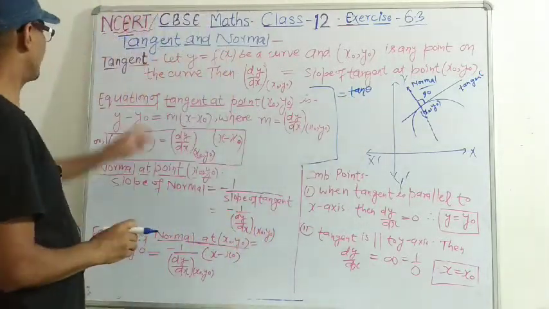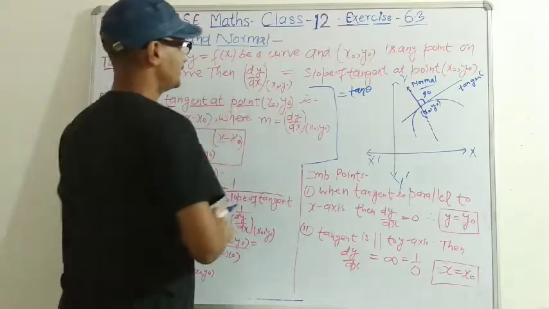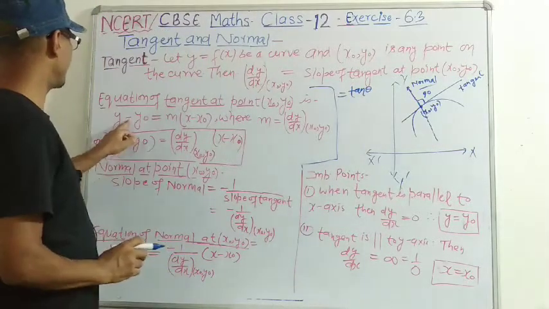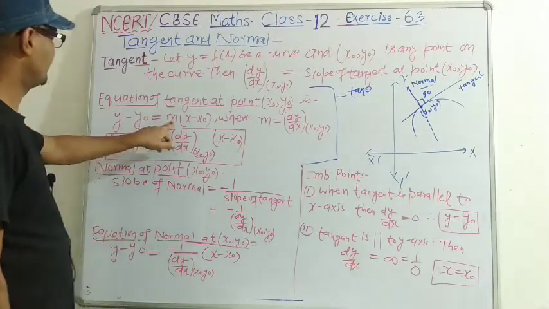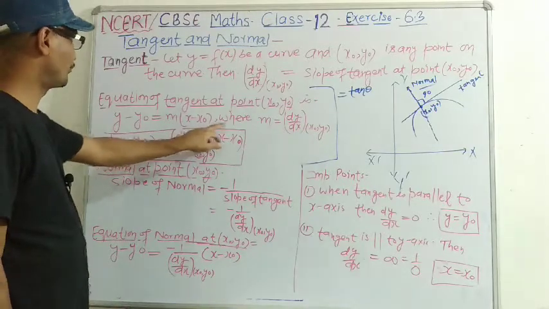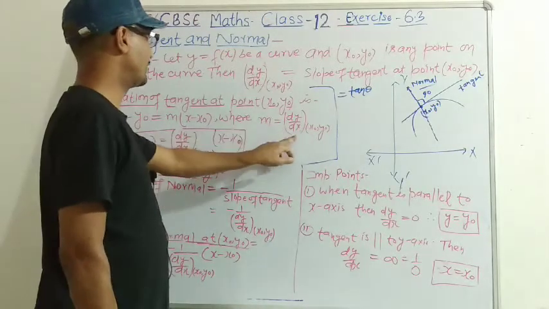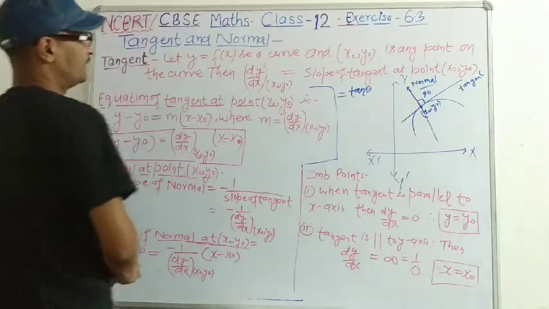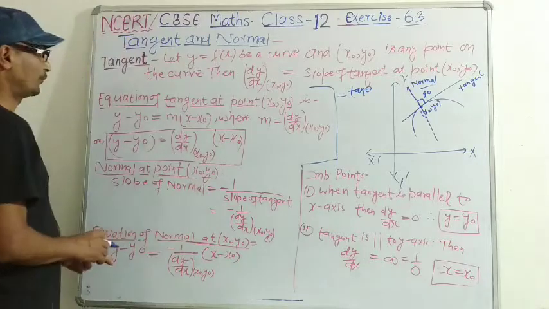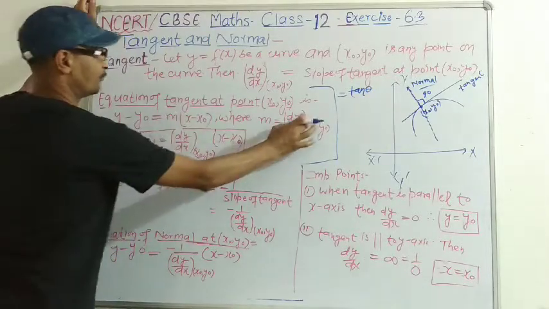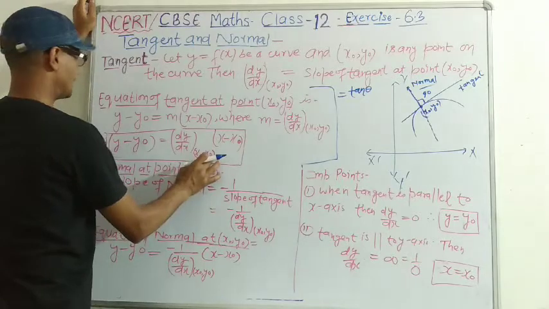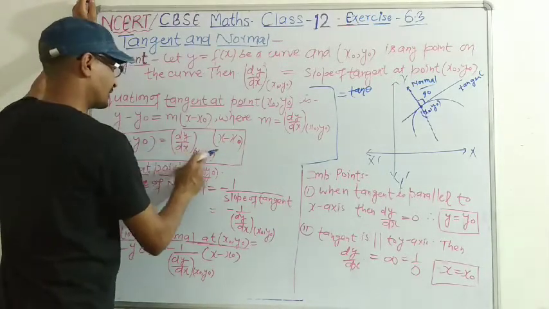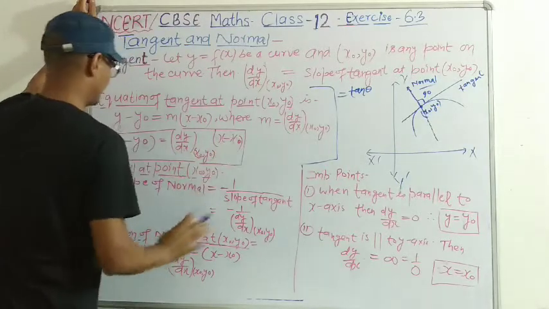Now the equation of the tangent at this point: y minus y0 equal to m into x minus x0, where m is dy by dx at (x0, y0), the slope of the curve, that is tan theta. So in the place of m we can put dy by dx at (x0, y0), so the formula becomes y minus y0 is equal to dy by dx at the point (x0, y0) into x minus x0.